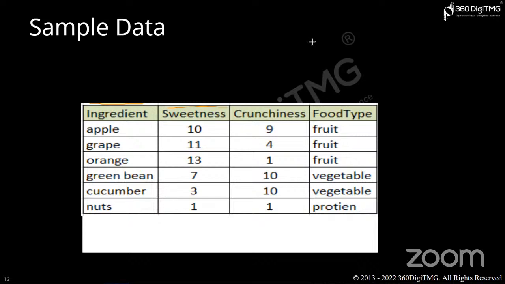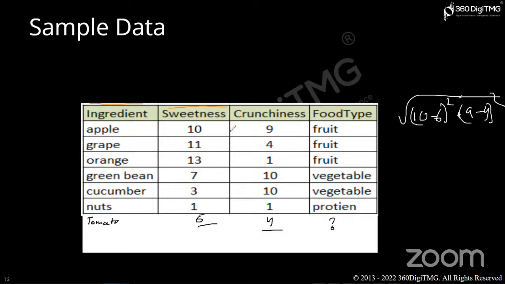Let me just write it down. Here we have tomato with values 6 and 4. So to calculate this, we do root of (10 minus 6) whole square plus (9 minus 4) whole square.